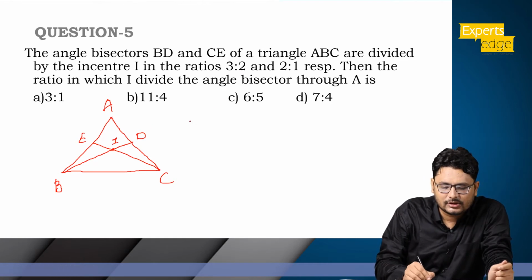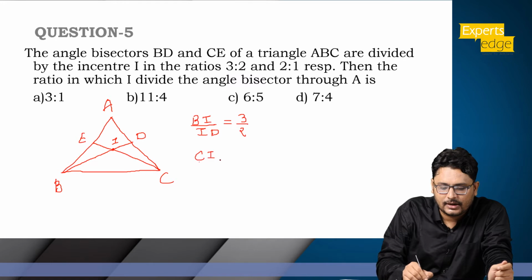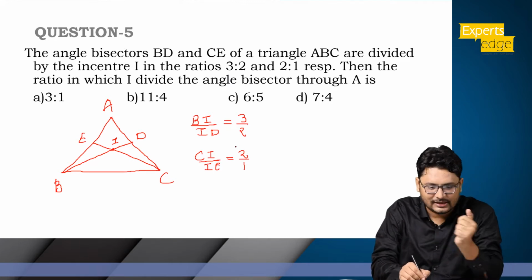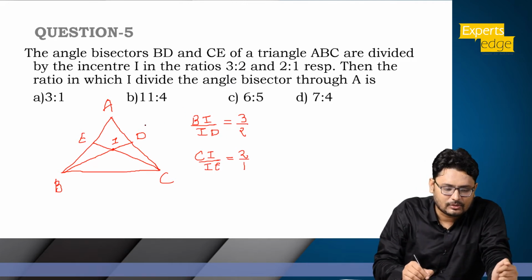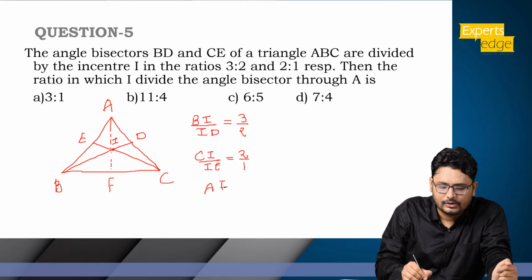So basically what it says is that BI by ID is 3:2, and similarly CI by IE is 2:1. And what he is asking is, I divides the angle bisector through A. So let's say this is F. So what he is asking is AI to IF.